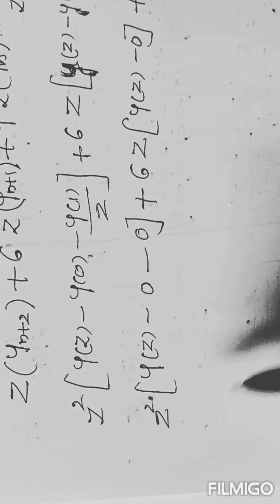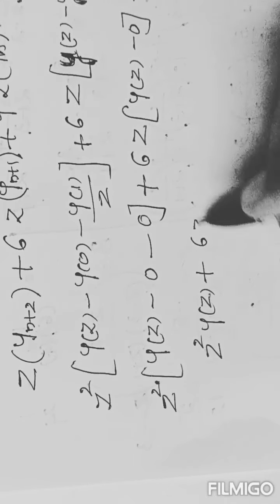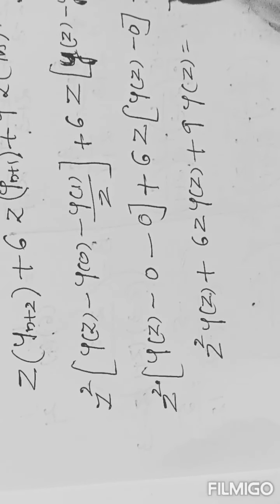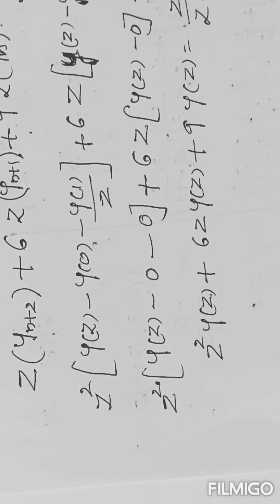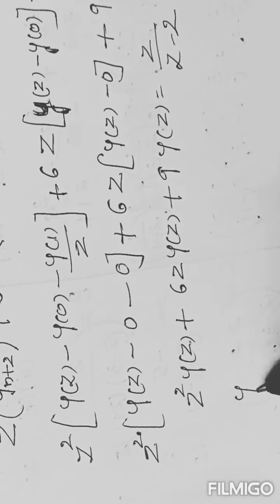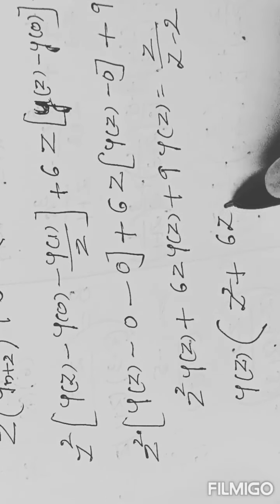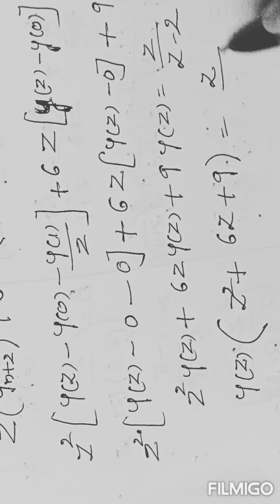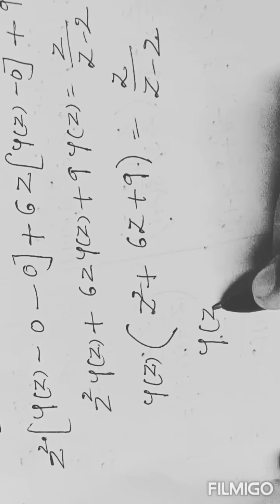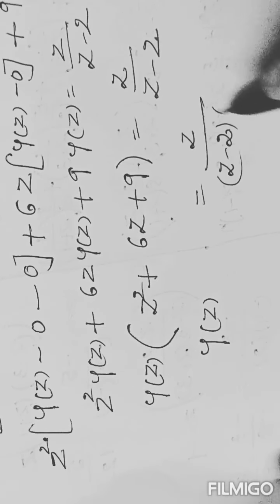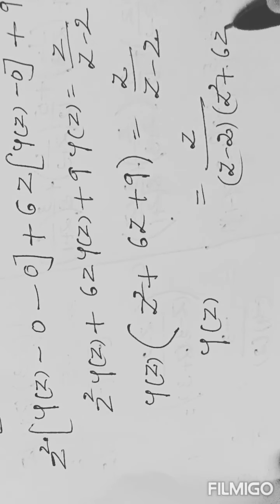After that, z square Y(z) plus 6z Y(z) plus 9 Y(z) equal to z by z minus 2. From these we can take out Y(z) as common. Z square plus 6z plus 9 equal to z by z minus 2. After that, Y(z) only equals z by z minus 2 into z square plus 6z plus 9.